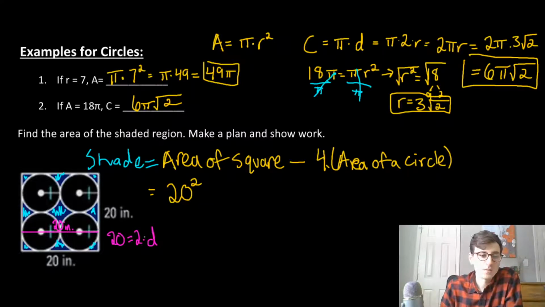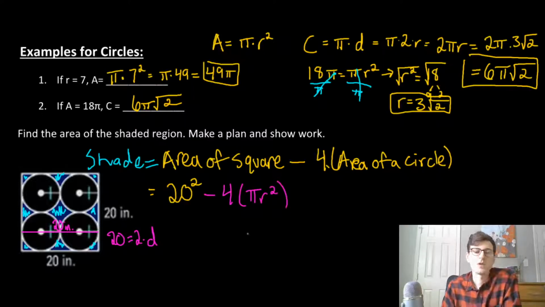And remember, when we're looking for area of a circle, maybe let's write it like this. This is minus 4 times pi r squared. So I'm looking for the radius, right? Well, I actually know the diameter: 20 equals 2d, so then the diameter is 10. And remember, the radius is just half of that. So diameter is twice the radius.